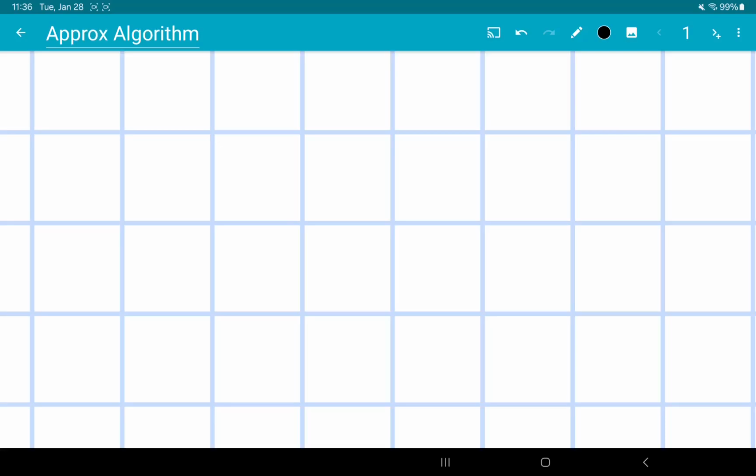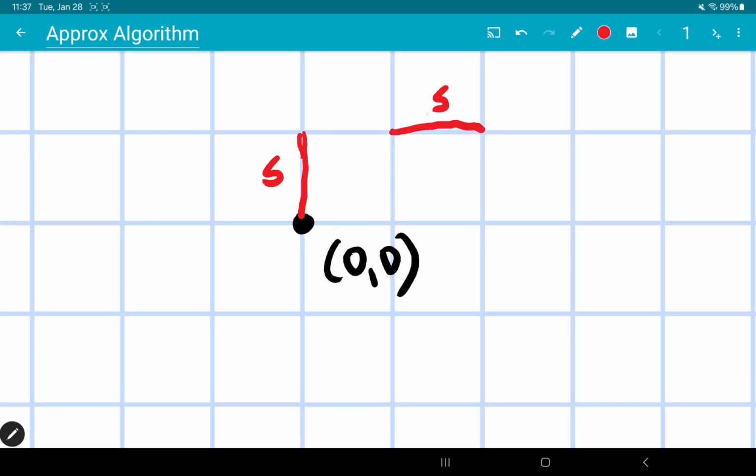A grid is just a partition of the plane, a tiling by squares, where usually we take the origin to be one of the vertices of the square, and then we have a side length S for the squares, of course, both in the X and in the Y. We are going to use uniform grids. The standard grid would be of side length 1, but we're interested in side length S.